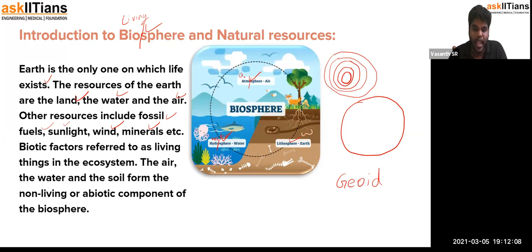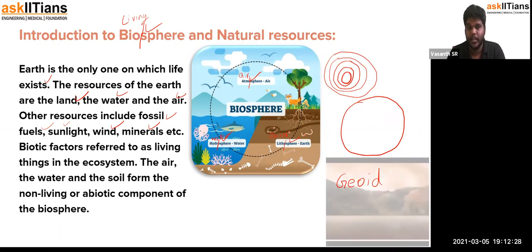So surrounding is air, and litho means earth. Earth represents soil. So these are all the three major types of resources that are available and constitute the biosphere itself. I hope you have understood about the biosphere and natural resources in detail. Let's go to the next slide.